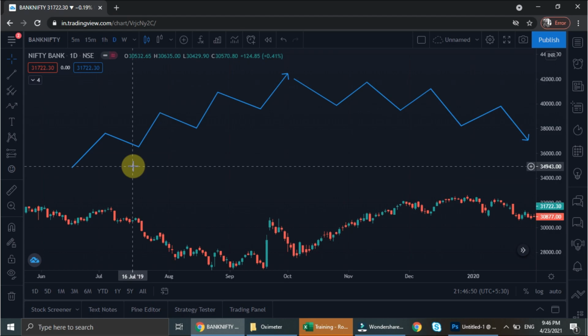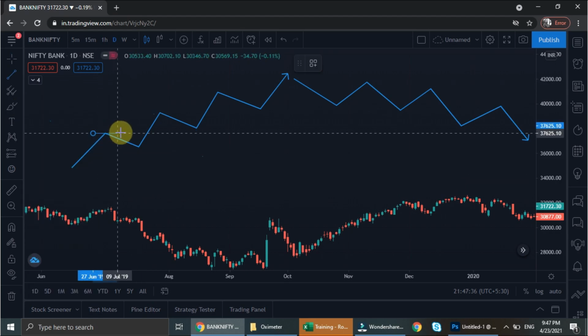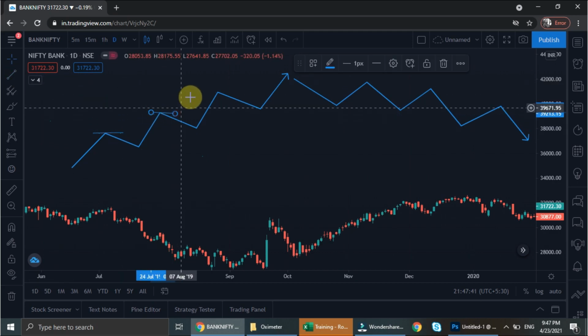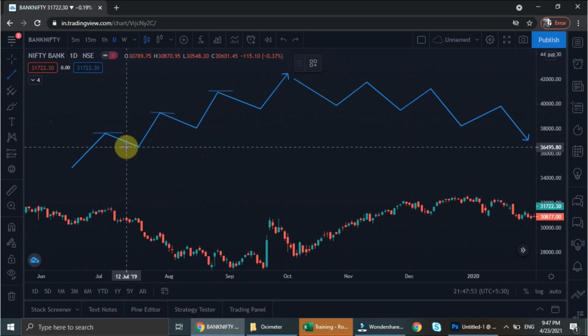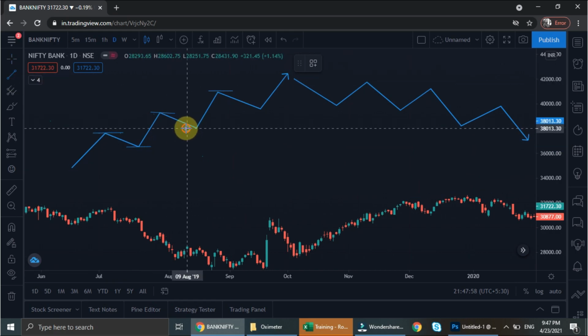Here, how to identify the higher highs? Very simple. In uptrend, all the highs we call higher highs, and all the lows we call higher lows.